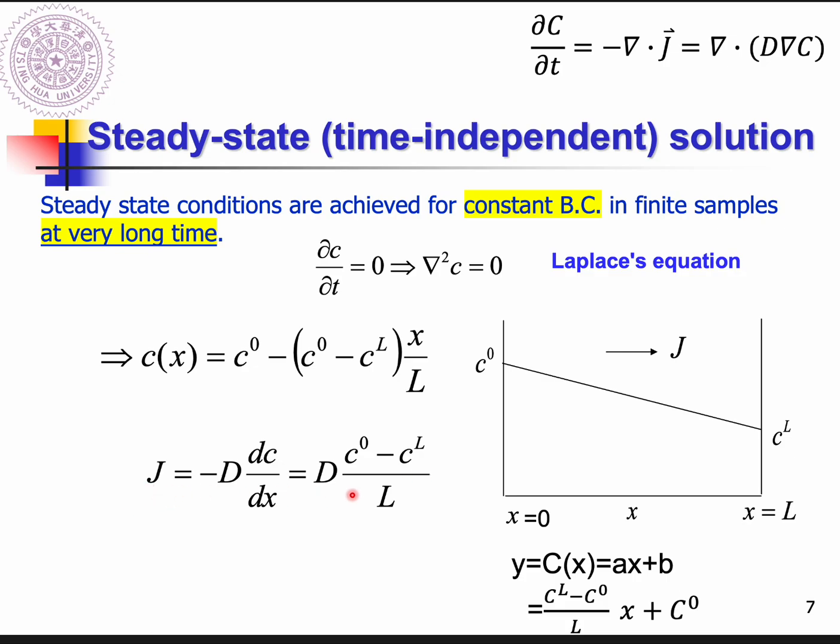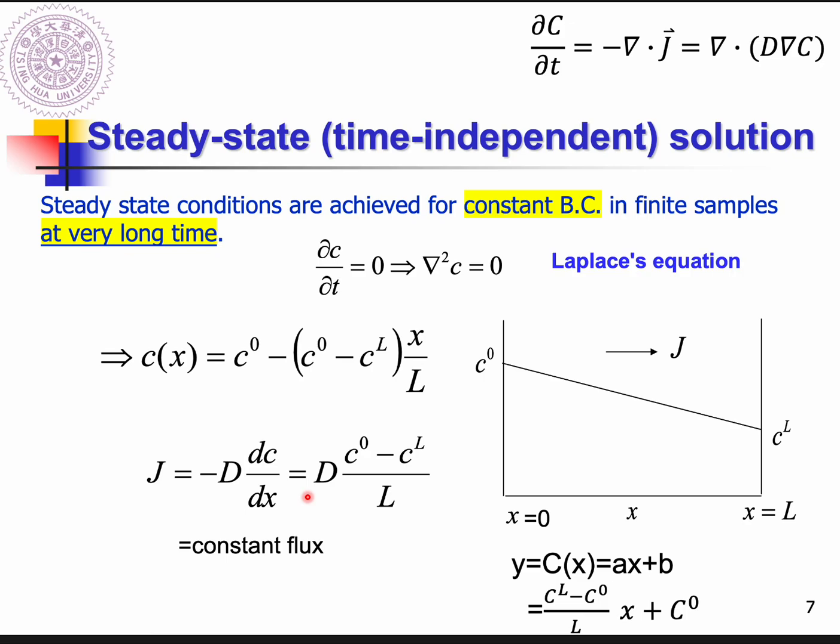Based on this, you successfully get the atomic flux expressed like this. Actually this is a constant flux, because C0 and CL remain constant, L is a length, and diffusivity is also a constant. So we get a constant flux under these conditions.